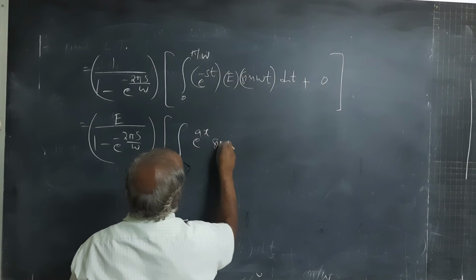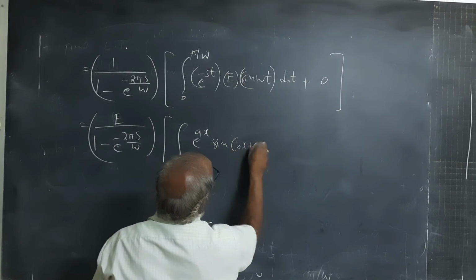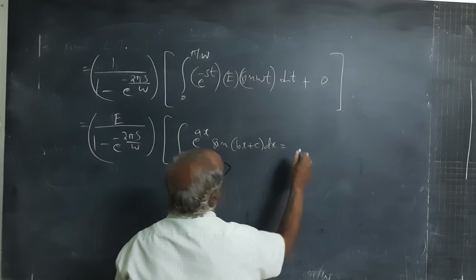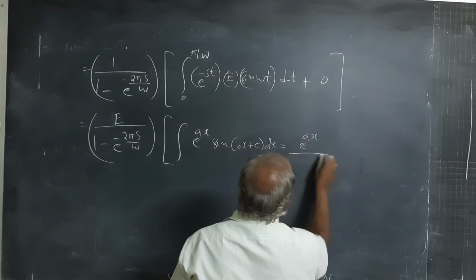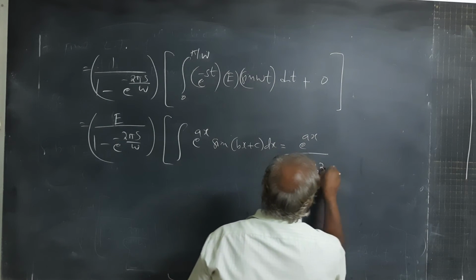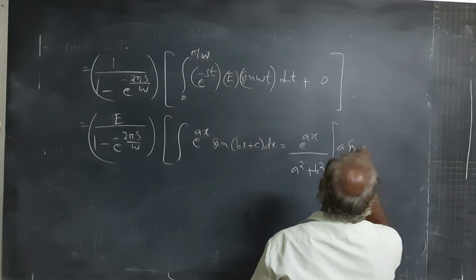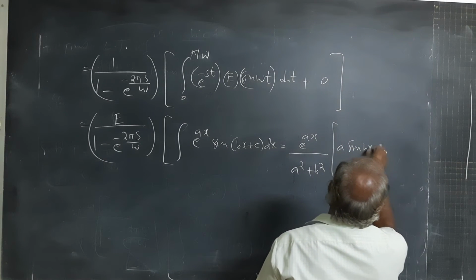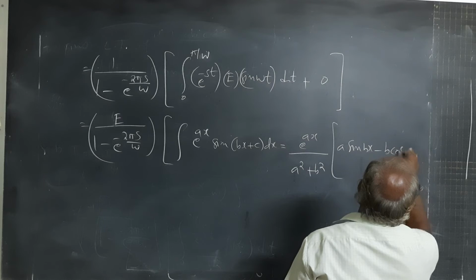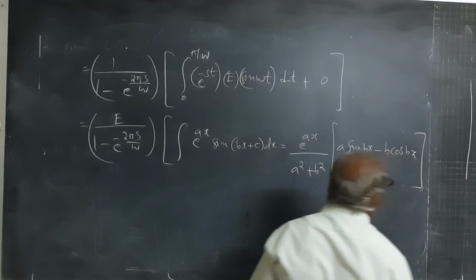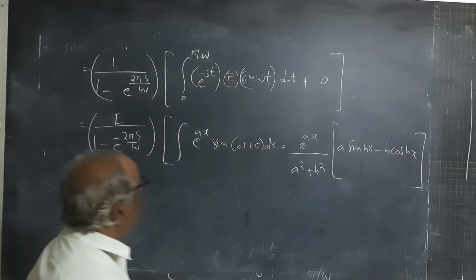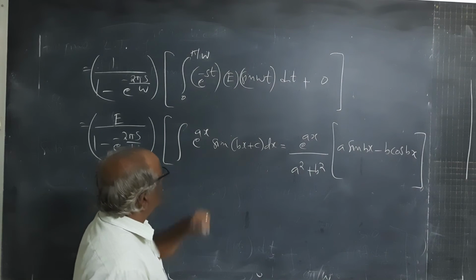Sin bx plus c dx is equal to, what is the formula? E to the power ax by a squared plus b squared into a sin bx minus b cos bx. This is the formula. This is similar to this.